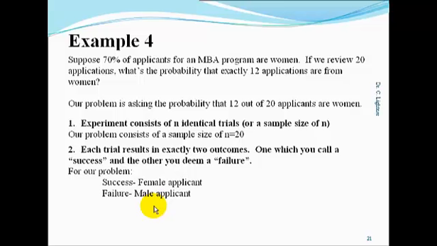Let's go through our binomial properties in order to see if this is a binomial experiment. First, does our experiment consist of n identical trials or a sample size of n? Yes, our problem consists of a sample size of n equals 20 applications.